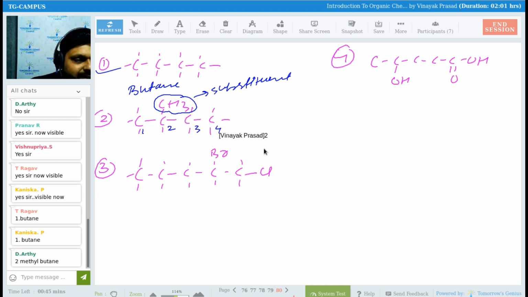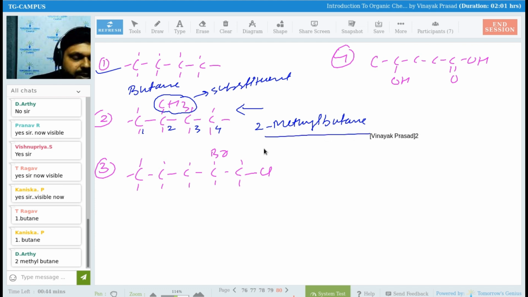So here at second number substituent is there. But if I am going from right to left, substituent will be coming at third number. So our counting should be from left to right. At that second position CH3 is there. So we will be calling the CH3 methyl. So 2-methyl butane.